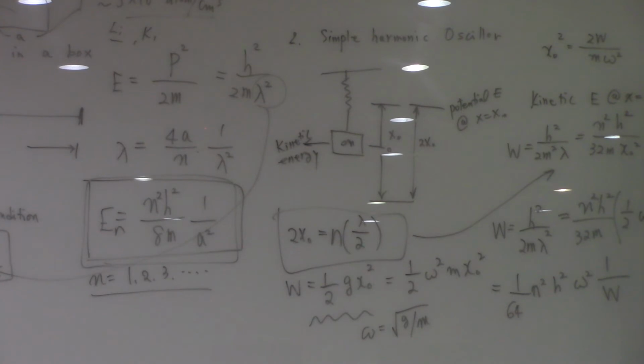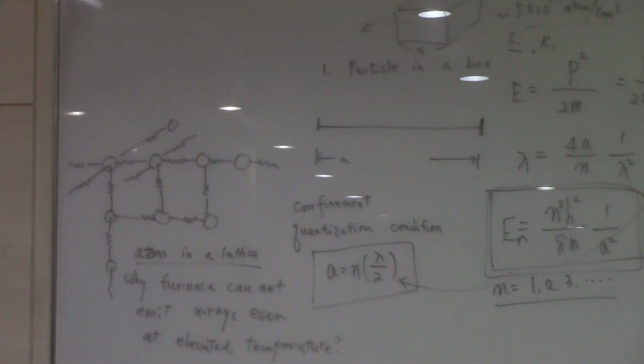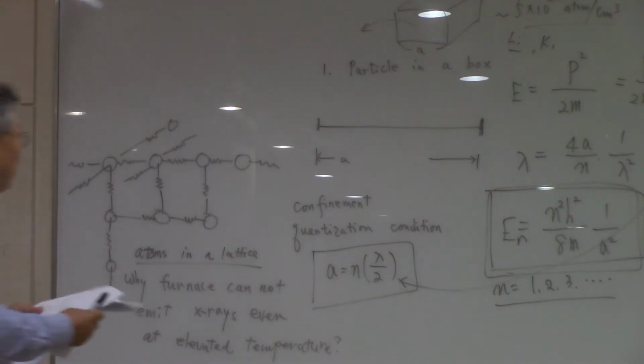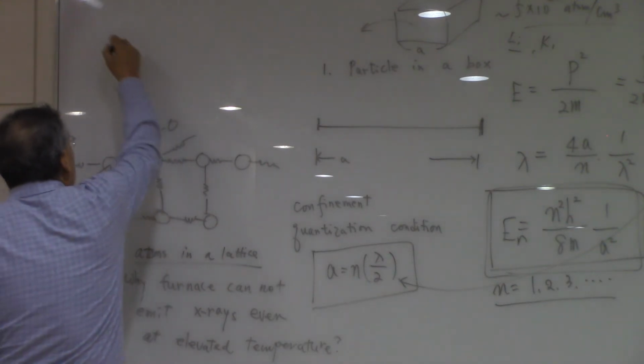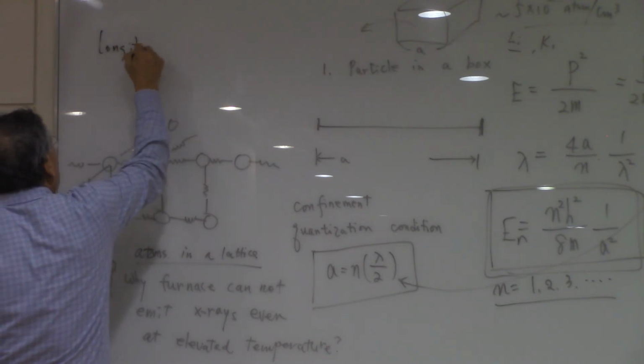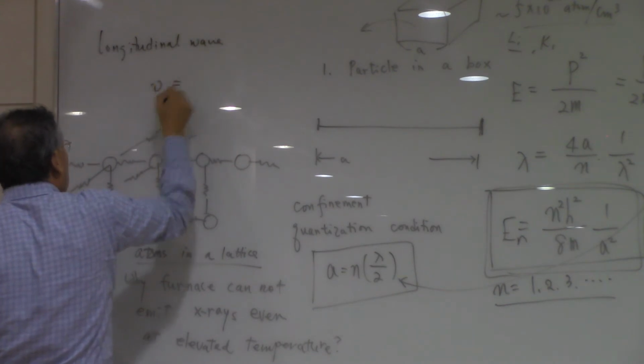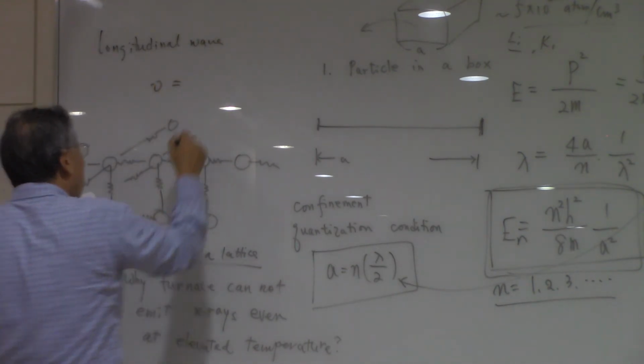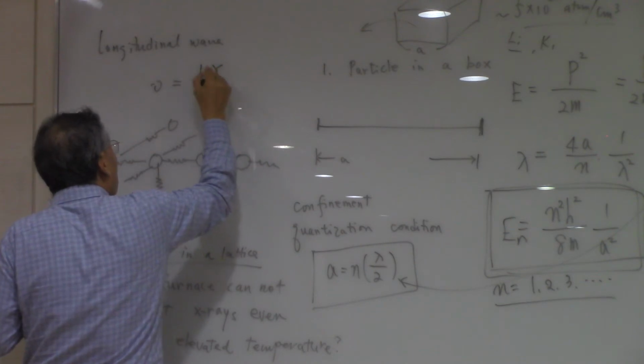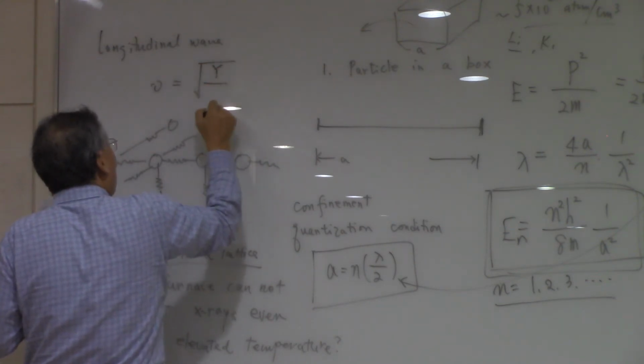Now, the textbook covers the longitudinal wave in a rod, and you can just read it and follow what you have developed for the string. It's just a simple theory. The only thing you have to notice is that in the longitudinal wave, the velocity is going to be related to the Young's modulus and the density.